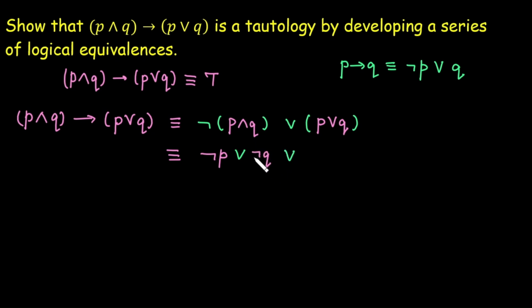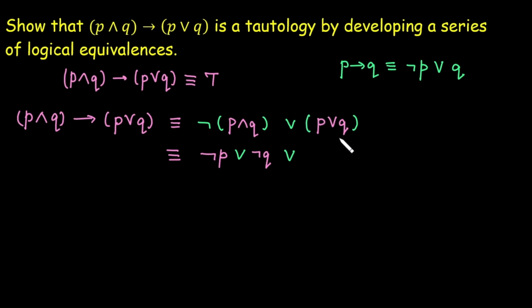Now the point is, do we need to keep this bracket or not? Brackets are very important. We can remove the bracket if the next operator is the same. In this case, when we have taken negation inside, we are getting OR and its next operator is OR, so we can remove this bracket.